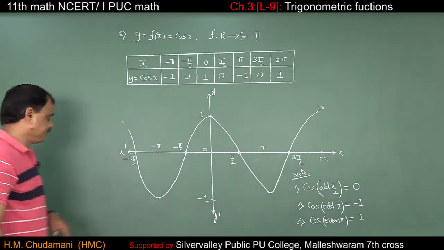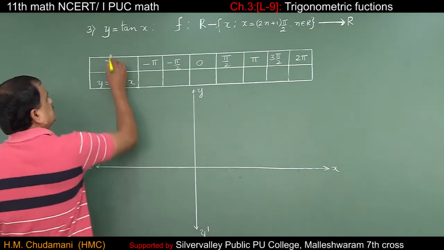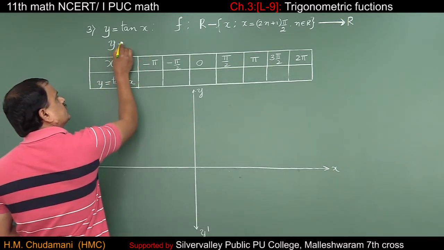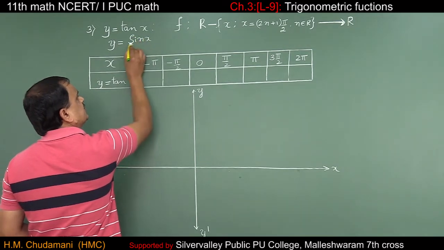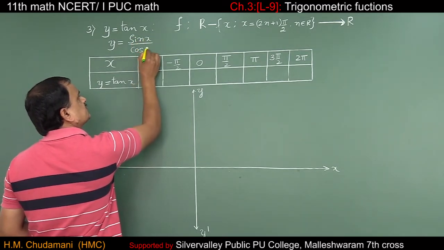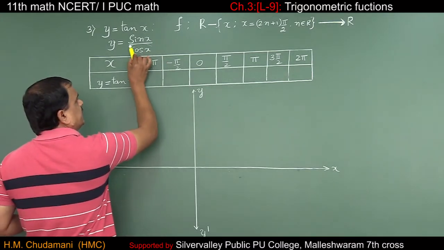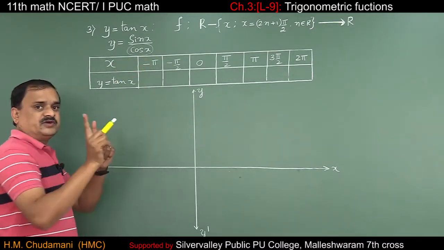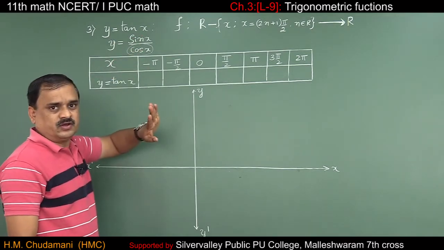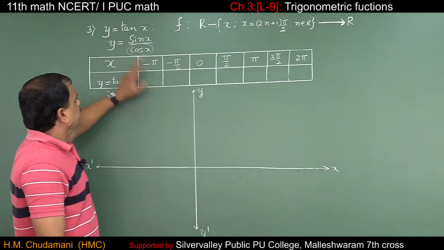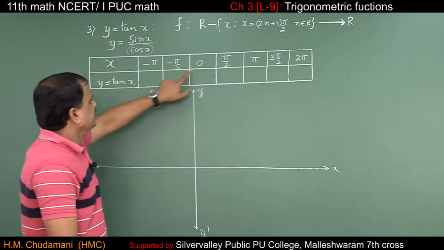Look at the third one. Y is equal to tan x. Please observe, tan x is nothing but sin x divided by cos x. So if the denominator is 0, the function is not defined. Anything by 0 is not defined. So let us take a few positive values and a few negative values.